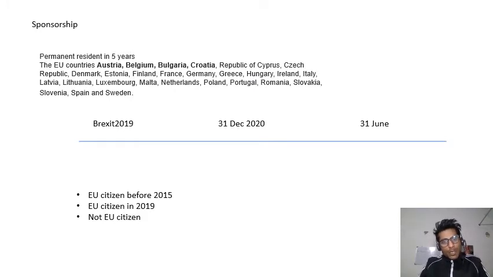And if some EU citizen came to the UK in 2019, he needs to spend 5 years and he will require the sponsorship. And for non-EU citizens, everyone requires sponsorship.